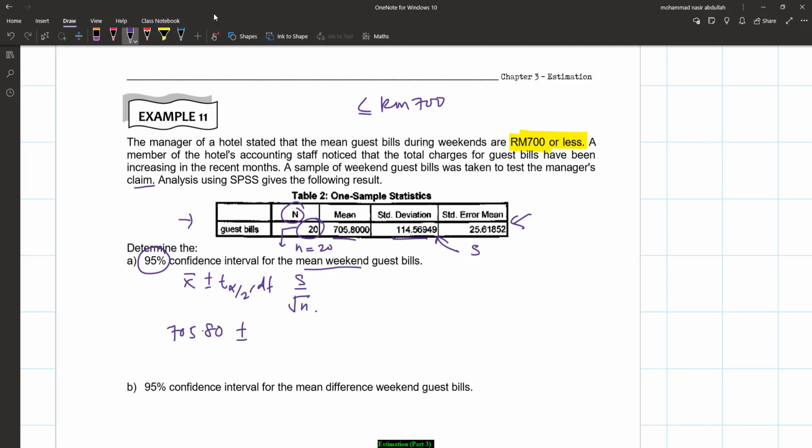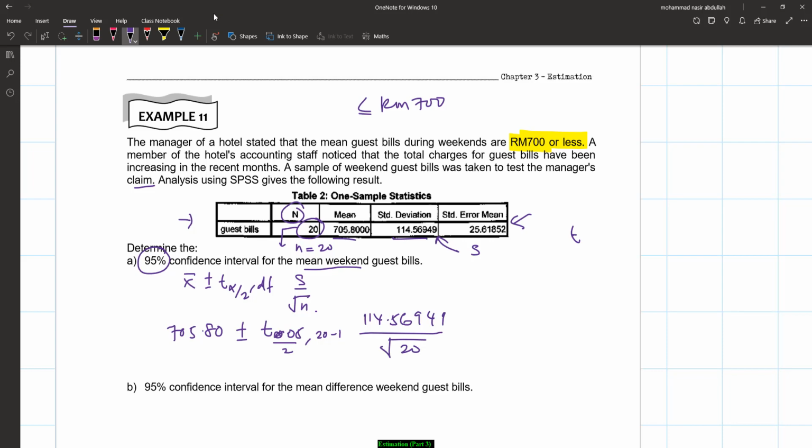705.80 plus minus t alpha 0.05 divided by 2 with 20 minus 1, and this is 114.56949 divided by square root of 20, right?